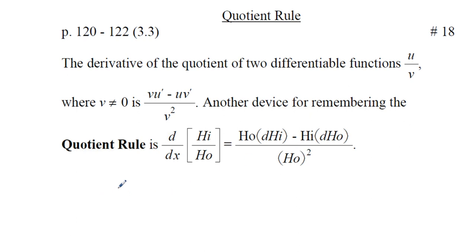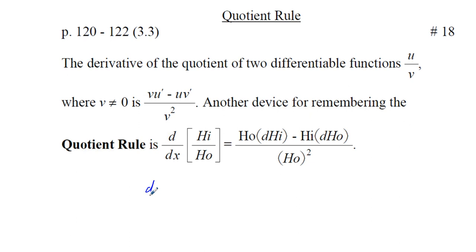There's another one yet that I was taught by one of Stacy's mentees and collaborators, Tracy Etheridge, in the form of a song. The song goes like this: Lodi, lodi, lodi, high, minus hidey, hidey, low, all over low squared.